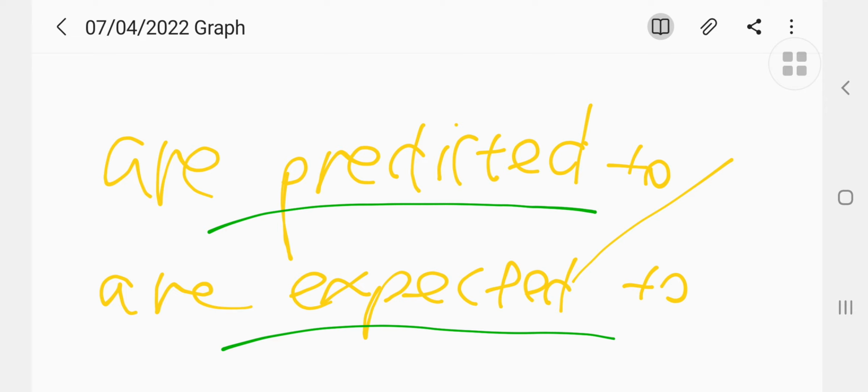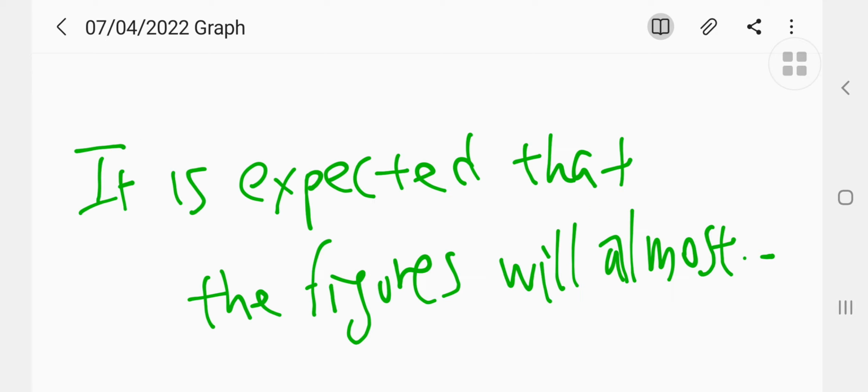Instead of "will", which is certain. In this case, for the future, we are not certain, so it's better to use "are predicted to" or "are expected to". But of course, if you want to use "will", you can say: it is expected that the figures will almost double.